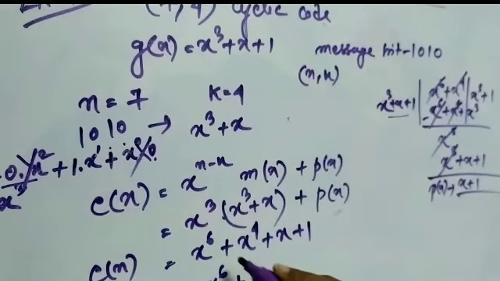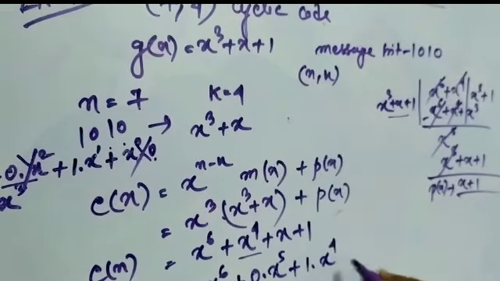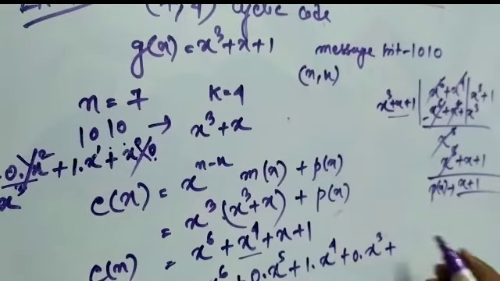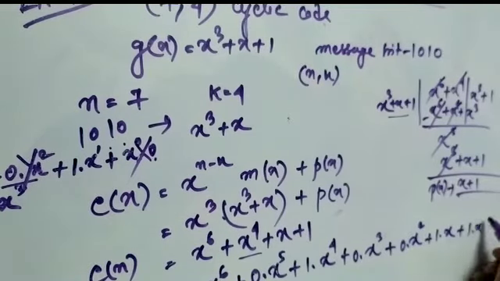Again, the x to the power 5 term is missing, so I write a 0 into x to the power 5. Again x to the power 4 is present, so here 1 into x to the power 4. Again x cube is missing, and x square is also missing, x is present and 1 is also present.